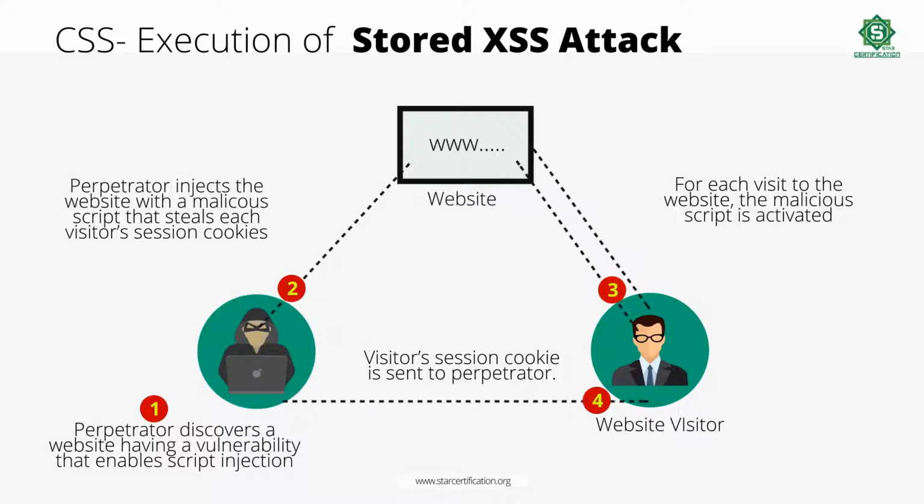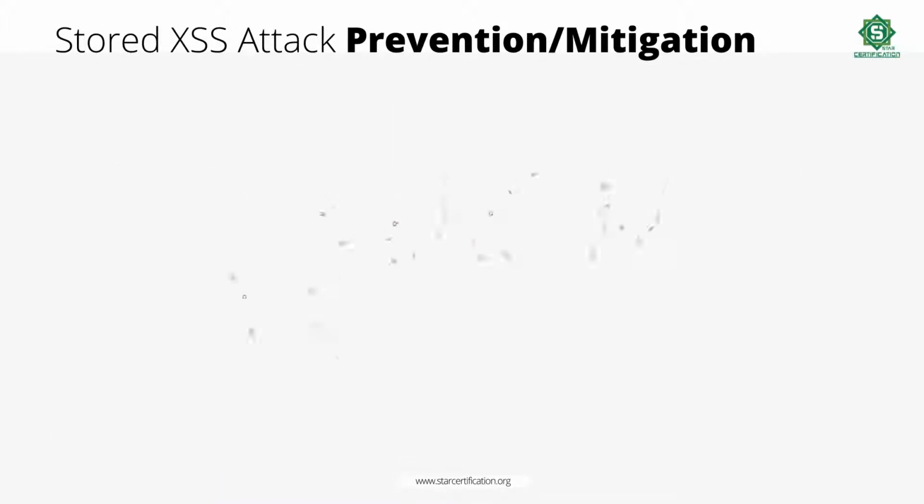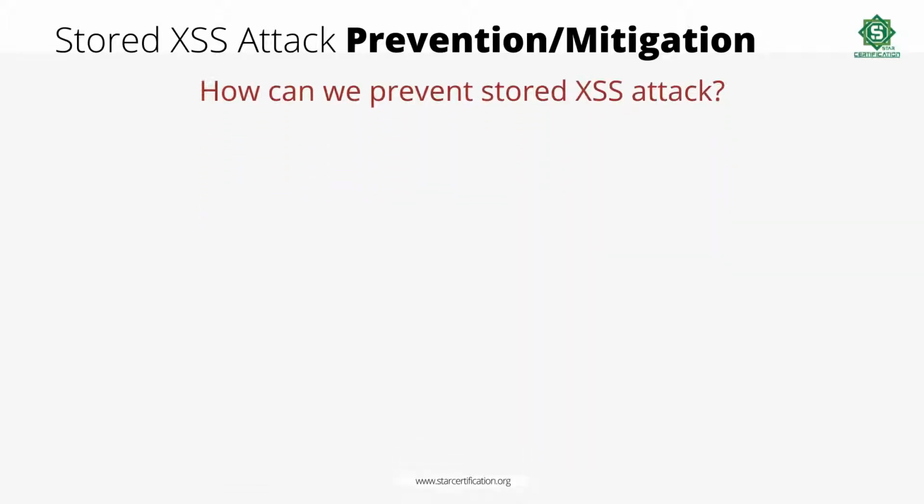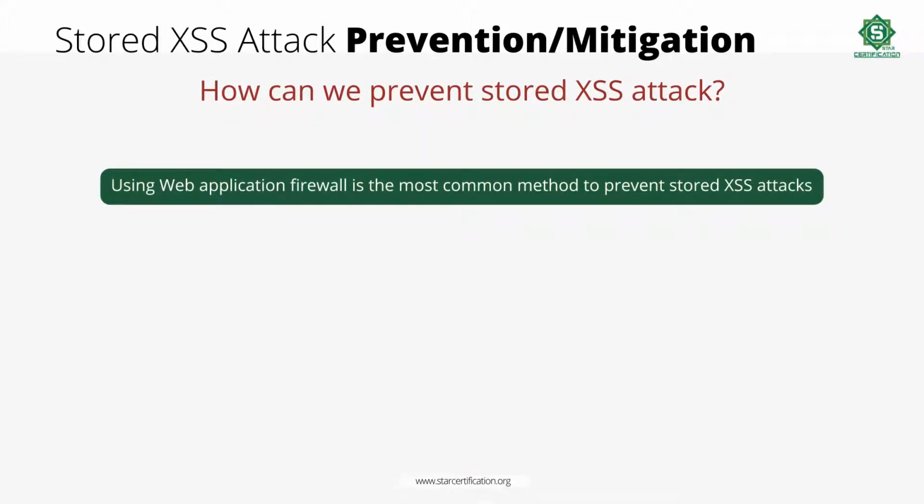Let us now learn how to prevent a stored XSS attack. The Web Application Firewall, or WAF, is the most common solution used to protect web applications from XSS attacks.